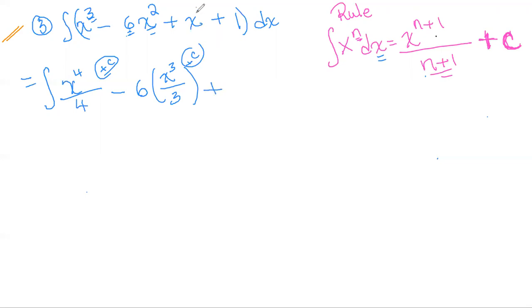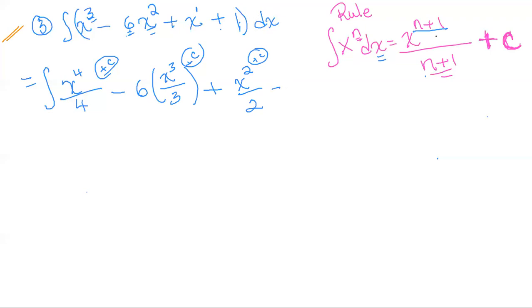Plus, now this is like x to the first, right? We all know that's x to the first. So that's going to be x to the second over 2, because you're going to add 1 and divide by what you got when you added 1. And then it's a plus c also. And there's a rule, but it's easier for me to just think of this as 1x to the 0 power.